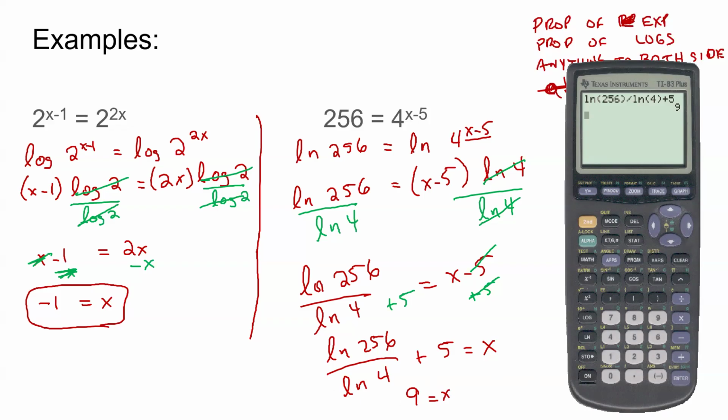Just for kicks here, just to make sure we understand this would work, I could have chosen up here to use the base 10 log, common log, and that would have changed all these natural logs to regular old logs. And when I punch that in, I'd have log 256, close it up, divided by the log of 4, close that up, and add 5, and I still get 9, right?